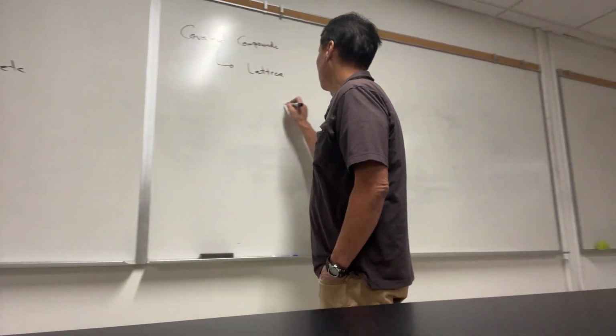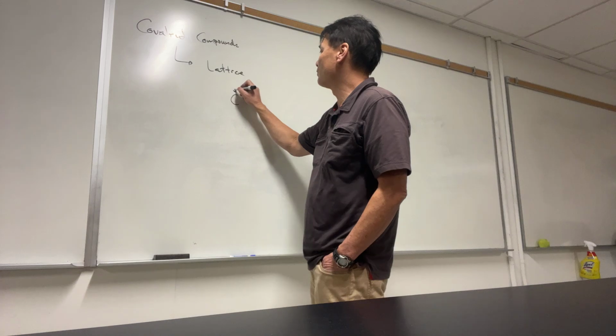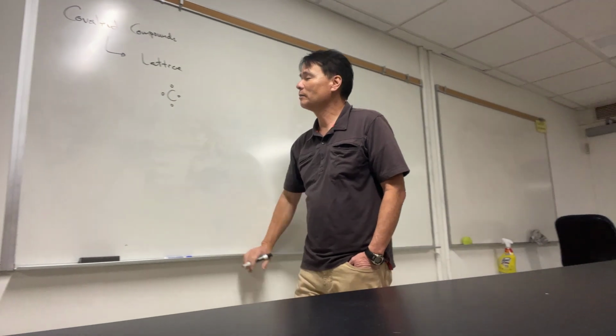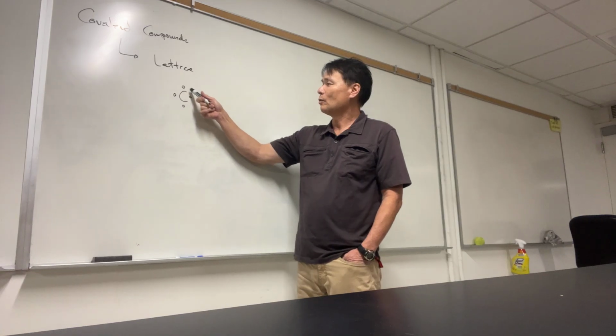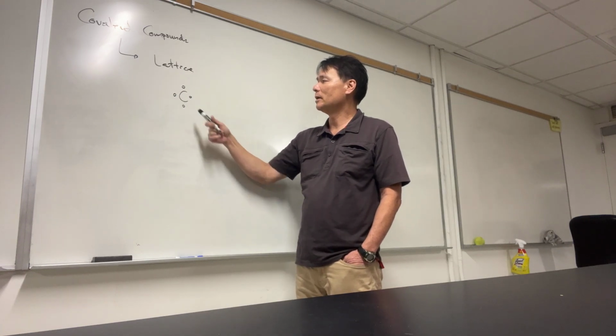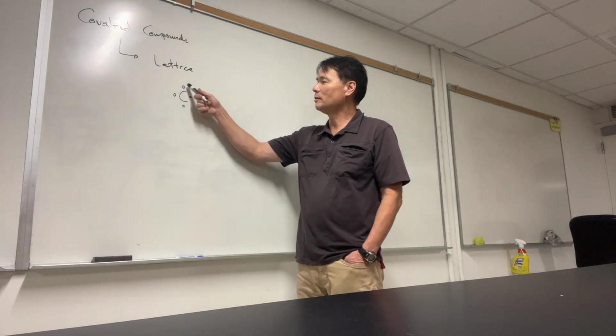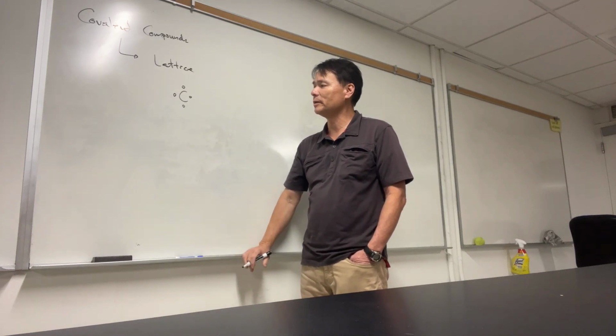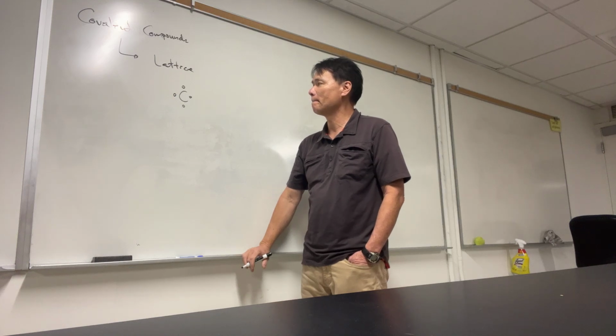If we look at the Lewis symbol for carbon, carbon has 4 valence electrons. Carbon likes to form 4 single bonds, or 1 double bond and 2 single bonds, or 2 double bonds, or 1 triple bond and 1 single bond, some kind of combination where we use all the bonding electrons here.